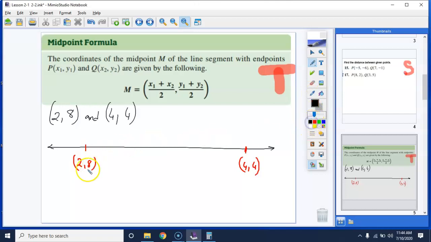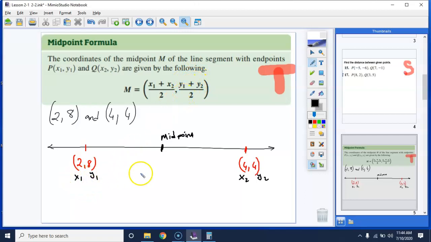So this one should be x1, y1. This one should be x2 and y2. So to find my midpoint, which is somewhere here, right? I'm going to add my x values first and divide by 2, and then I'm going to add my y values and divide by 2.